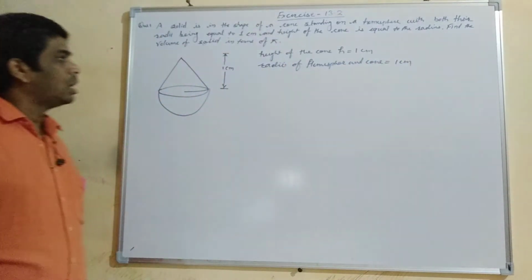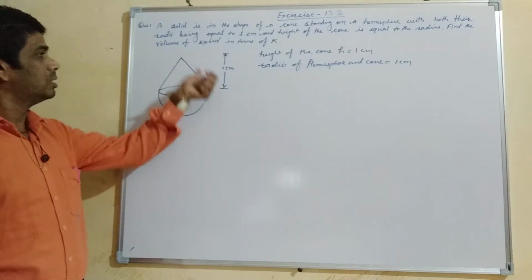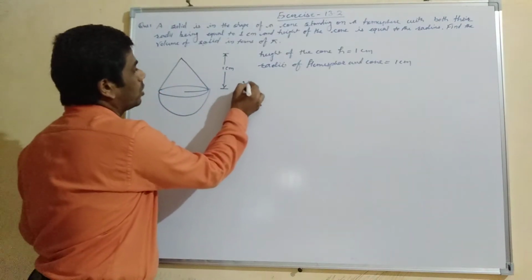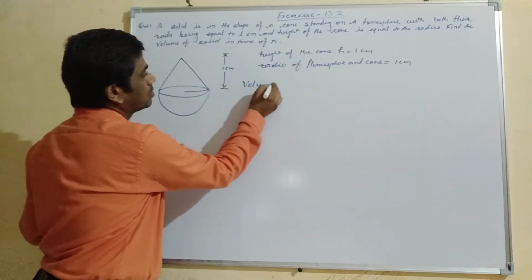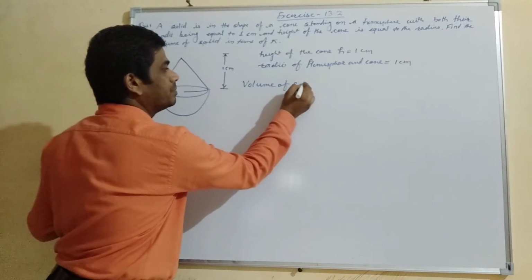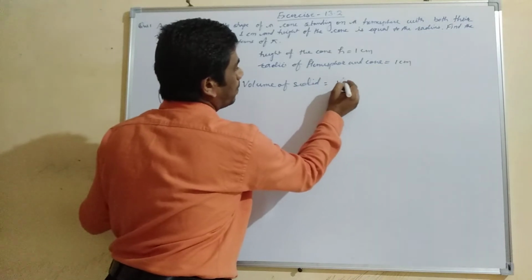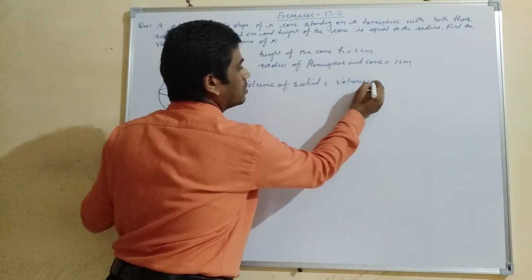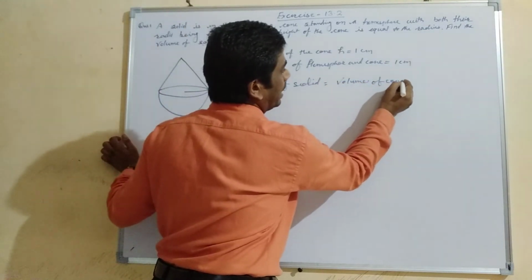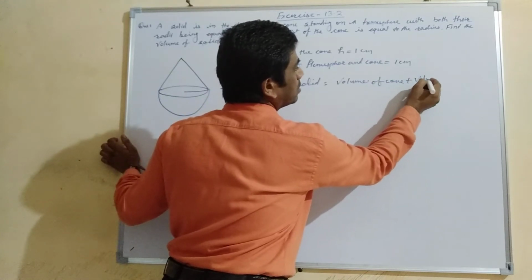Okay, and we have to find the volume of this solid. So volume of a solid equal to volume of a cone plus volume of a hemisphere.